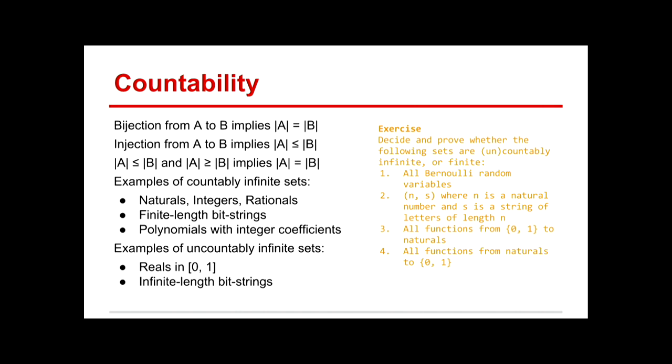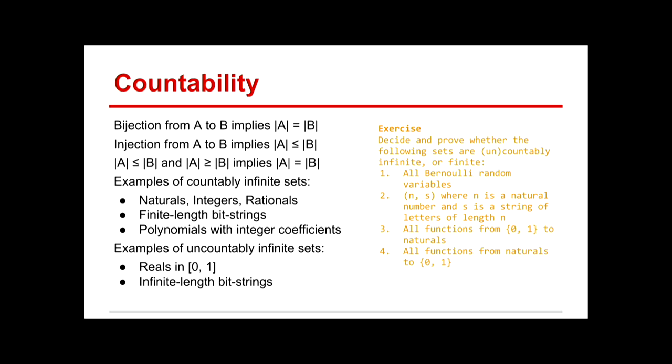Okay, I think the majority says uncountably infinite. Yeah. So a Bernoulli random variable consists of parameter p, which ranges over 0 to 1, so it ranges over the reals from 0 to 1. Since the reals from 0 to 1 are uncountable, this set is uncountable.